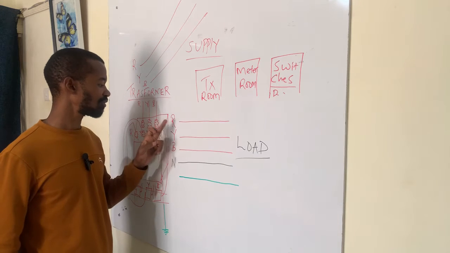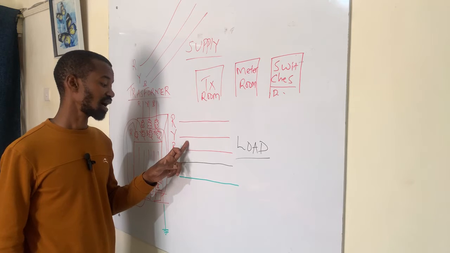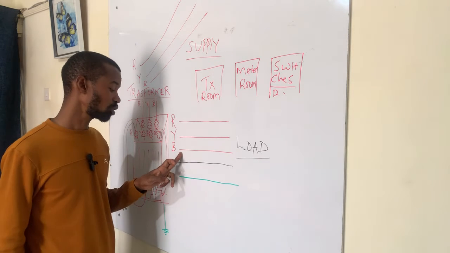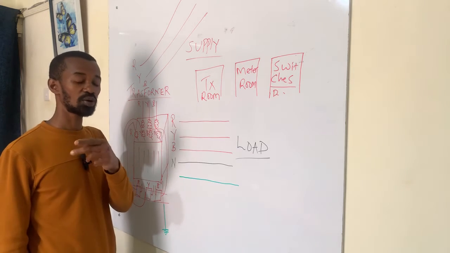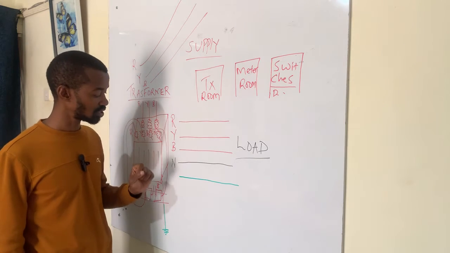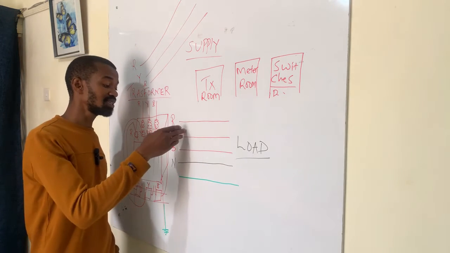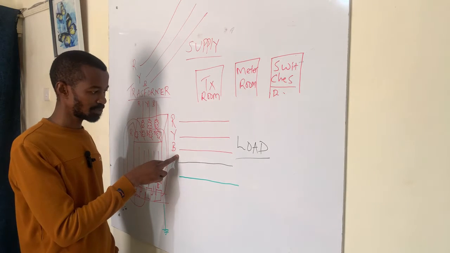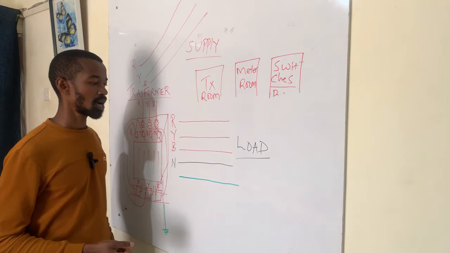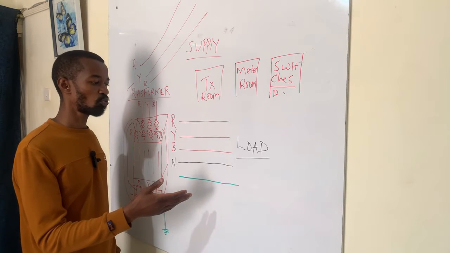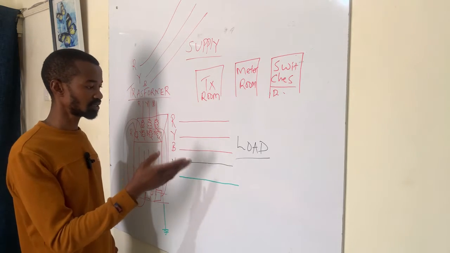So we'll have the first conductor as the red phase, the second conductor as the yellow phase, the third conductor as the blue phase. So that makes three-phase distribution. That is why we refer to it as a three-phase distribution. And then we will have a neutral. This neutral serves these three phases, especially if this connection is landing into a distribution that is in single phase.